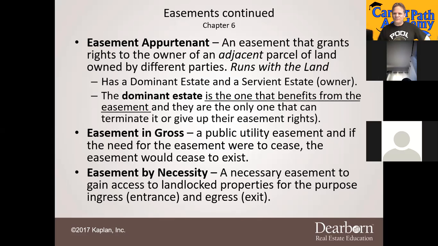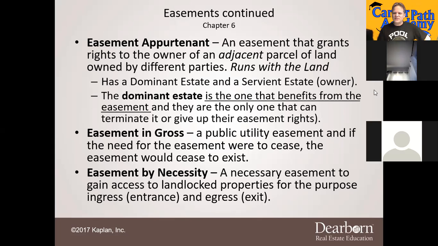Think of it that way. The dominant one is like the bully, right? Yeah. I'm going to use your land. But they're not just pushing you around. You gave them the right to, okay? So you're the servient, you're serving your property up on a platter, and the dominant one is going to be the one that's benefiting from it. All right?